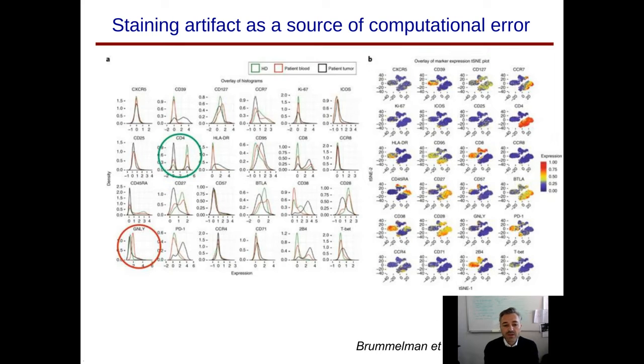And in that case, we have a strange pattern of fluorescence for that antigen for that specific sample. So what do we do in that case? Before feeding all the data into the computational pipeline, one thing we can do is just remove that parameter from analysis.